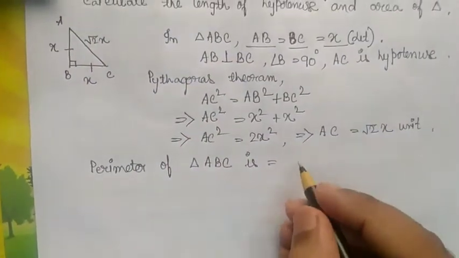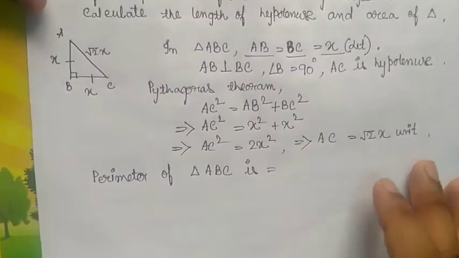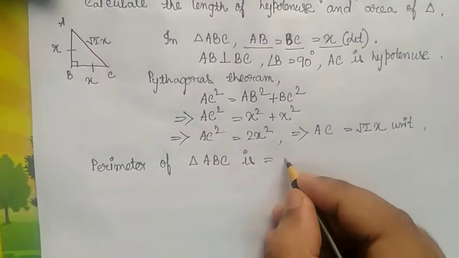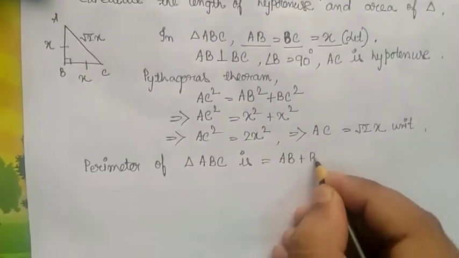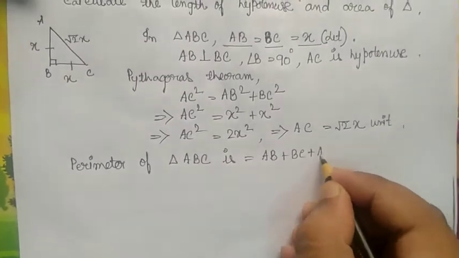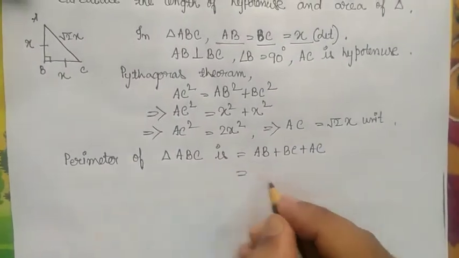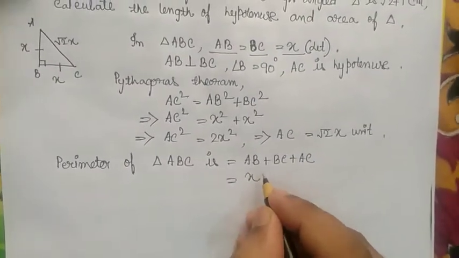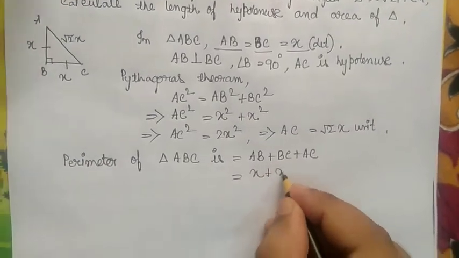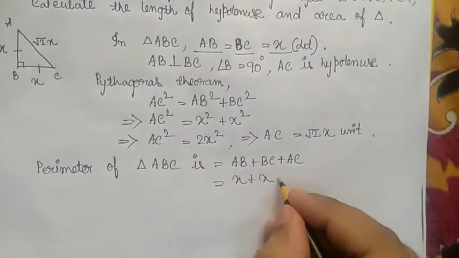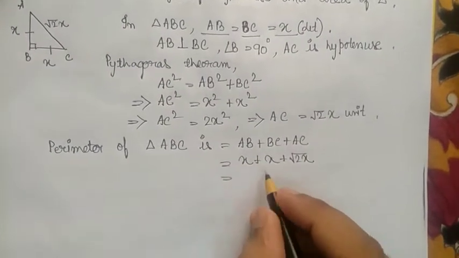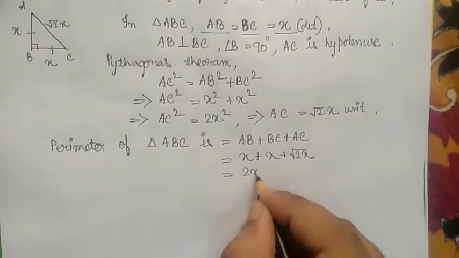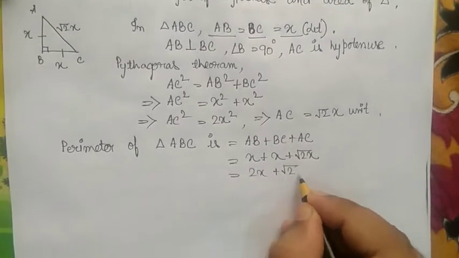So therefore we say that perimeter of triangle ABC is AB plus BC plus AC. So AB means X, BC means X, and AC means root 2X. So therefore X plus X, 2X, plus root 2X.